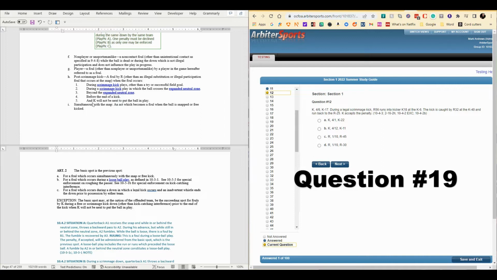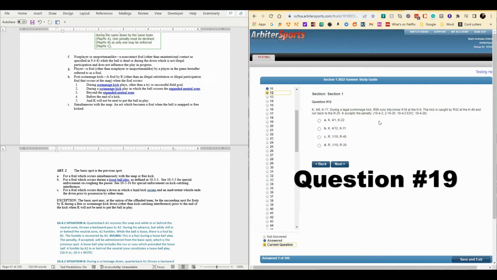And the last requirement is K will not be the next to put the ball in play. That means R didn't turn it over on the scrimmage kick. So this foul occurs behind the expanded neutral zone, so it does not fall into the criteria for a PSK foul.